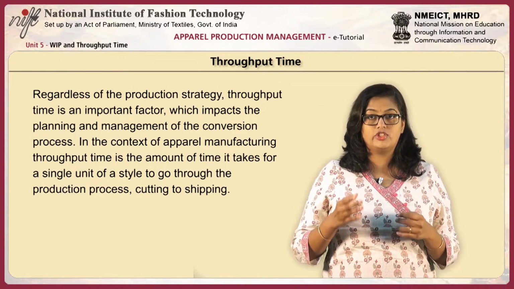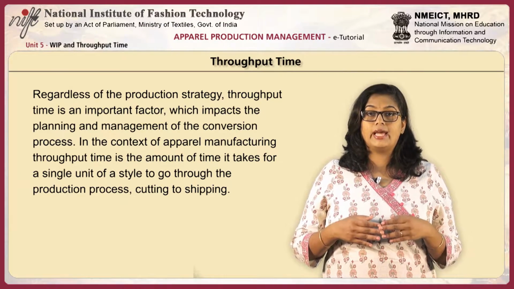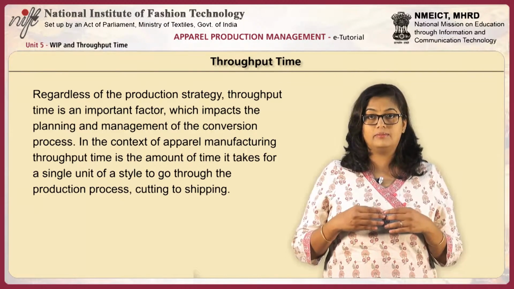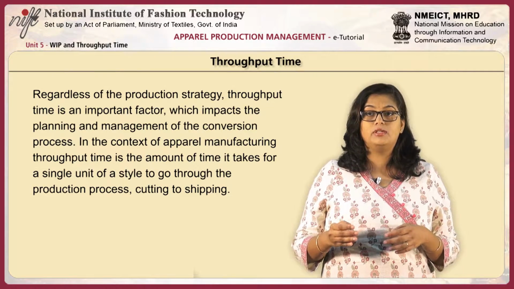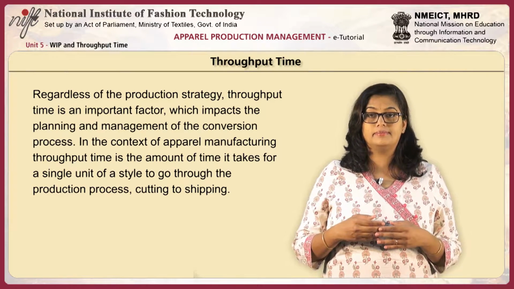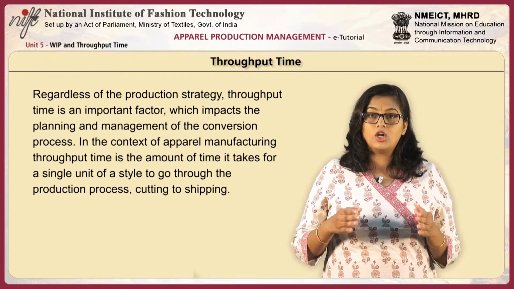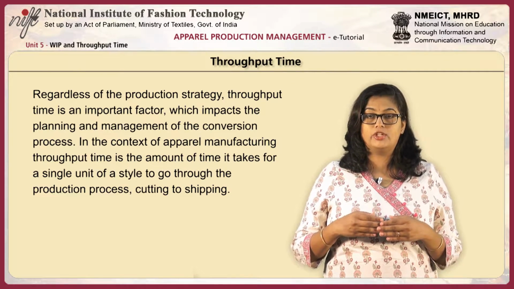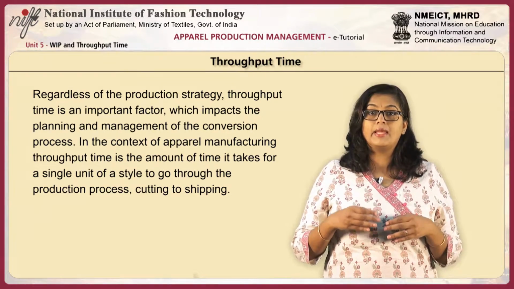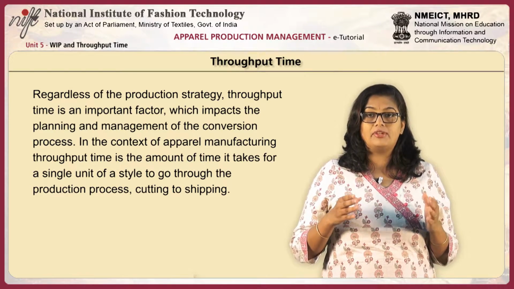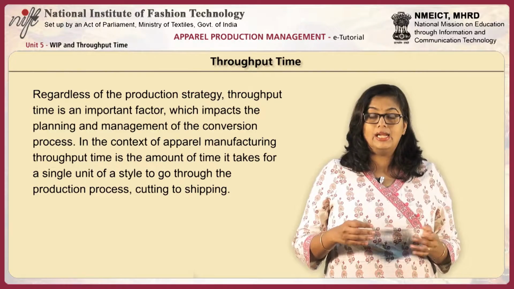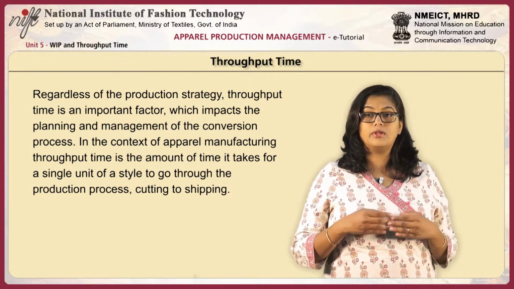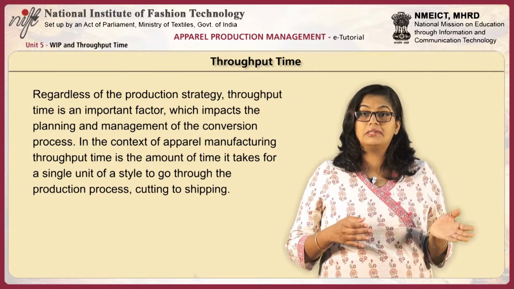Regardless of the production strategy, throughput time is an important factor which impacts the planning and management of the conversion process. In the context of apparel manufacturing, throughput time is the amount of time it takes for a single unit of a style to go through the production process, let's say from cutting to shipping.